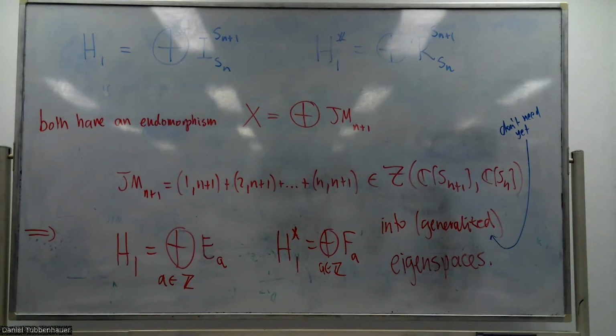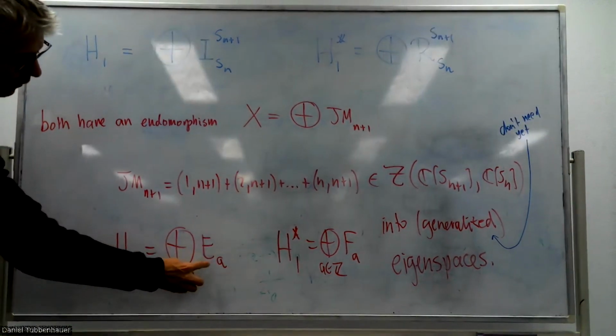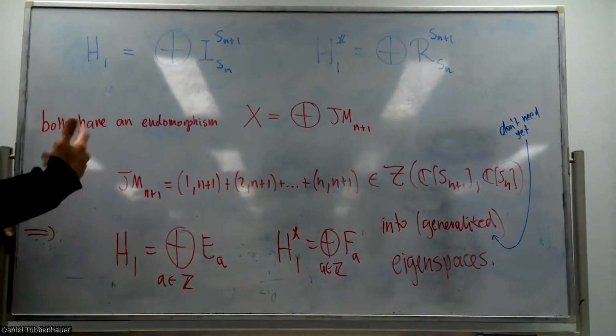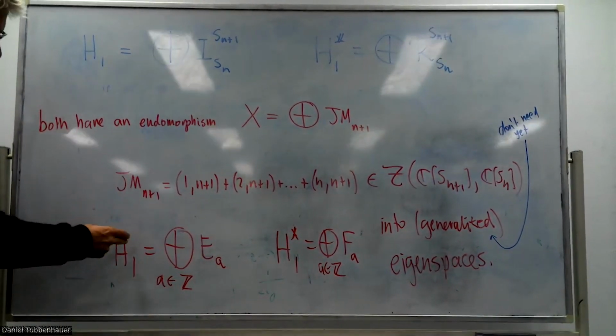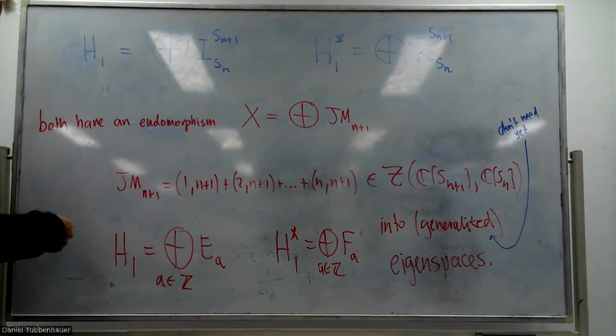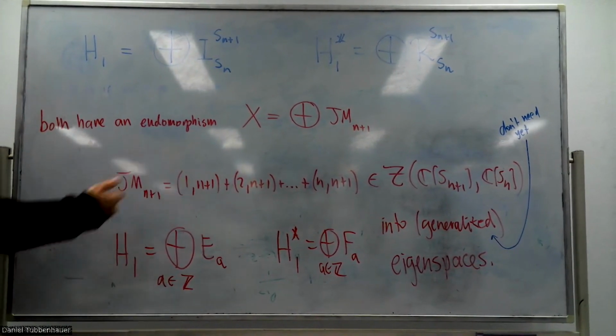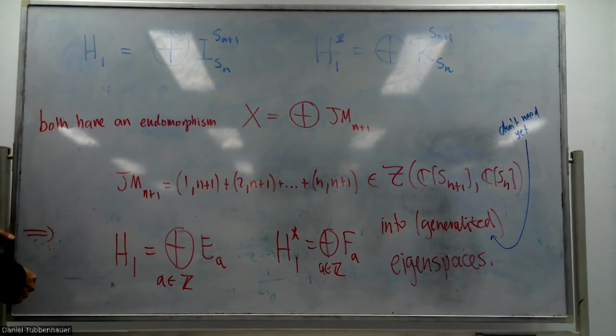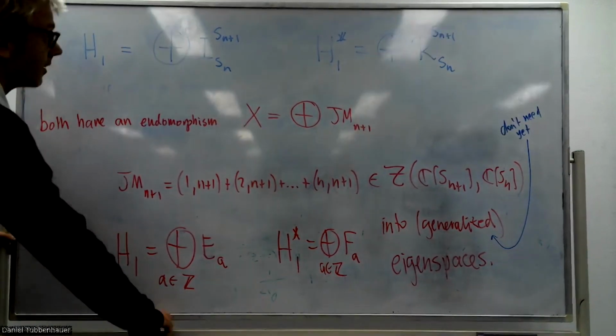Since this is an endomorphism of functors, the decomposition into eigenspaces is functorial. So if I want to apply E_A to some representation, I apply my functor, split it into eigenspaces under X, and take the A eigenspace.